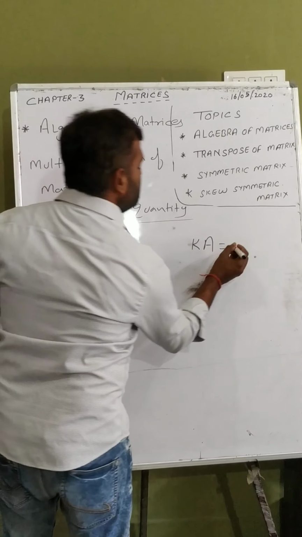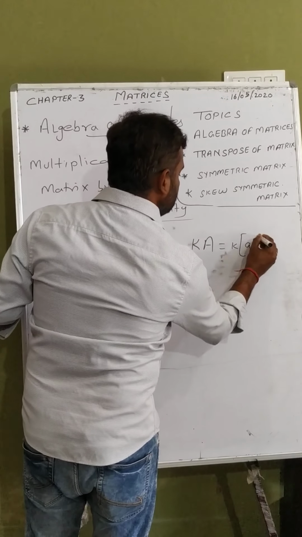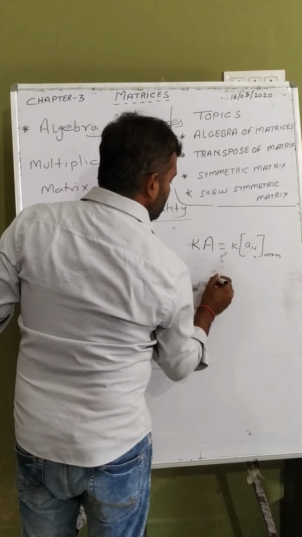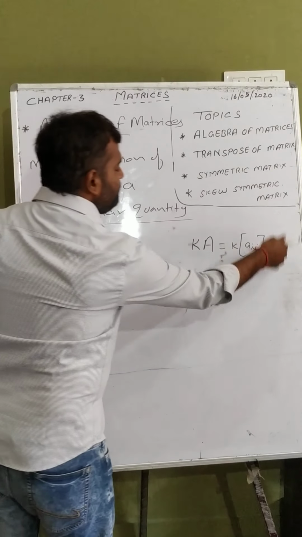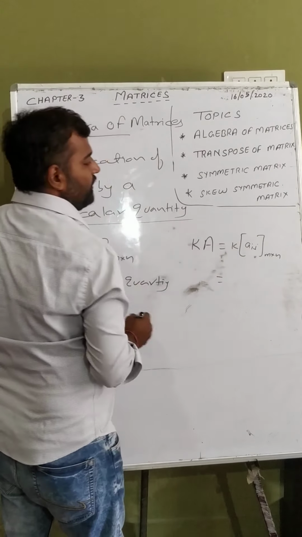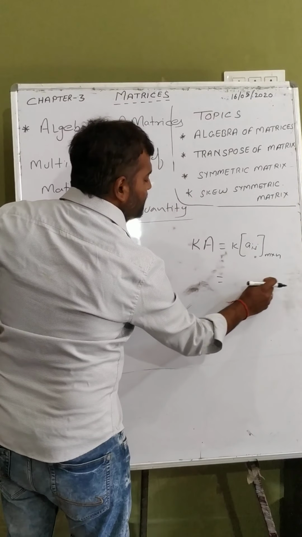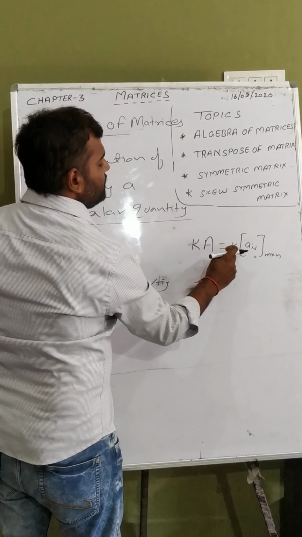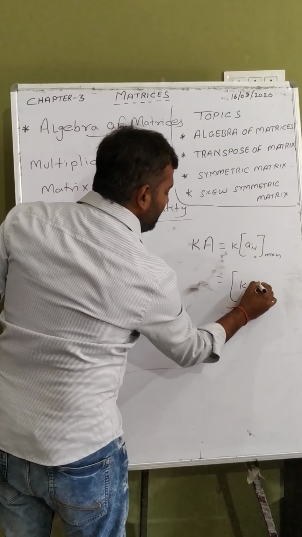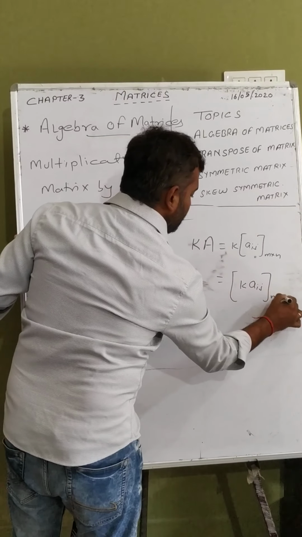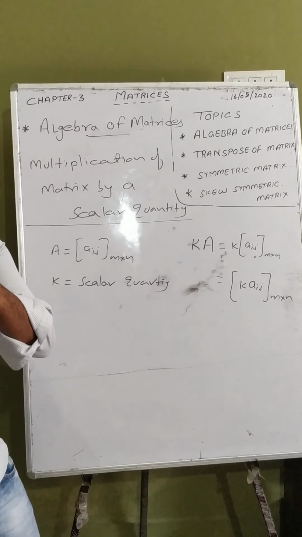It can be written as K times Aij, m by n. If you multiply Aij by K, I just told you, you need to multiply each and every element by this K. So the result will be K of Aij, m by n.